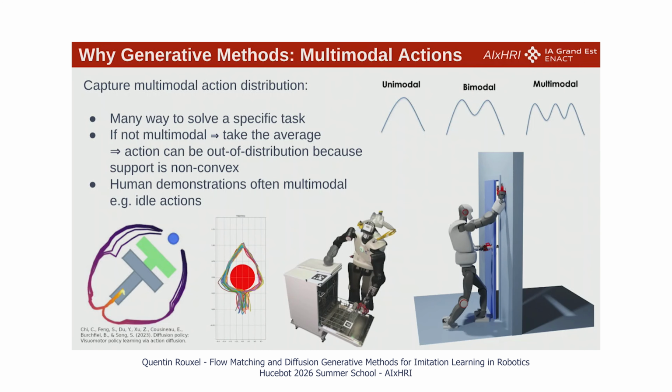I agree that for a pure control policy, multimodality maybe is not important. Maybe in some cases you don't really need to do different kinds of behavior. In this case, if you always choose the right path, it's okay. Maybe you can get a good performing policy even though your output is not very diverse. But this is for a pure control policy.